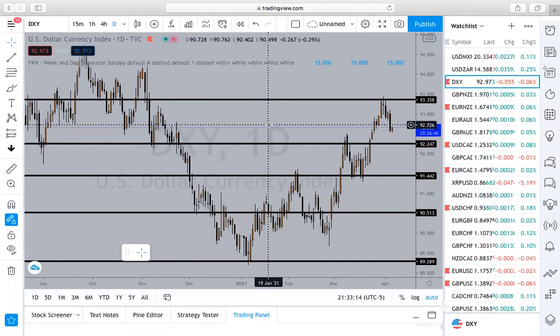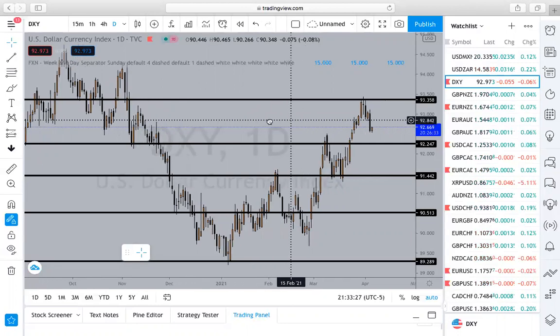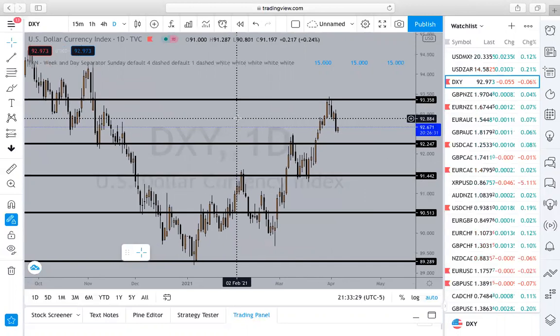Now, this DXY, you can use this in your daily analysis because whatever happens with the dollar is going to reflect on this chart. That includes fundamentals, all the fundamental analysis for any news events, any fundamental event that takes place, positive or negative, can impact the DXY.